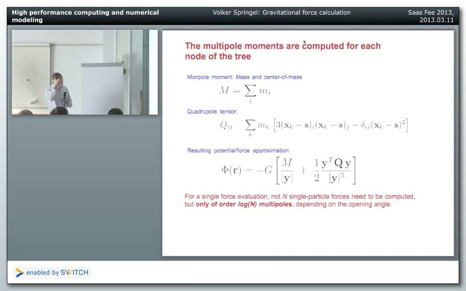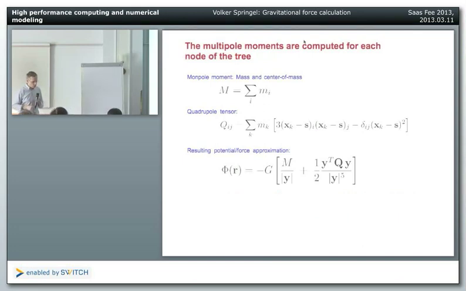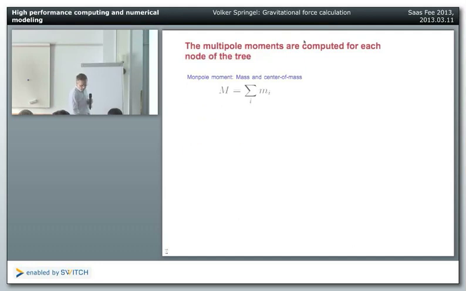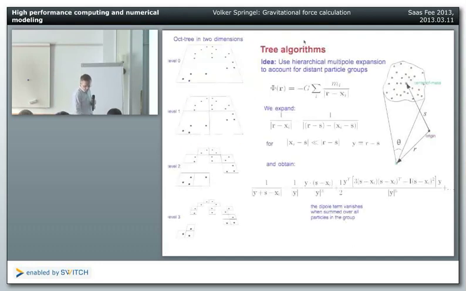The reason for this is that you do a so-called tree walk, and I guess I have to go back to explain this with this sketch. So once we have calculated the multipole moments for all of these groups, when we are at a certain coordinate, we do a so-called tree walk. We look first at the root node of this tree, and we calculate the opening angle under which this node appears.